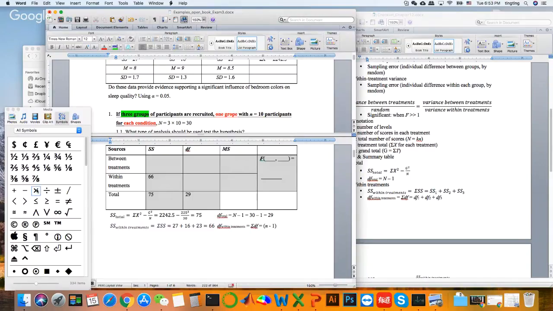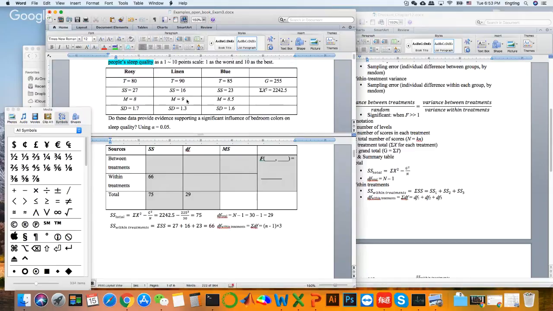Times how many levels do we have? 3, right? 3 levels in total. So which equals 10 minus 1, times 3, which equals 27.